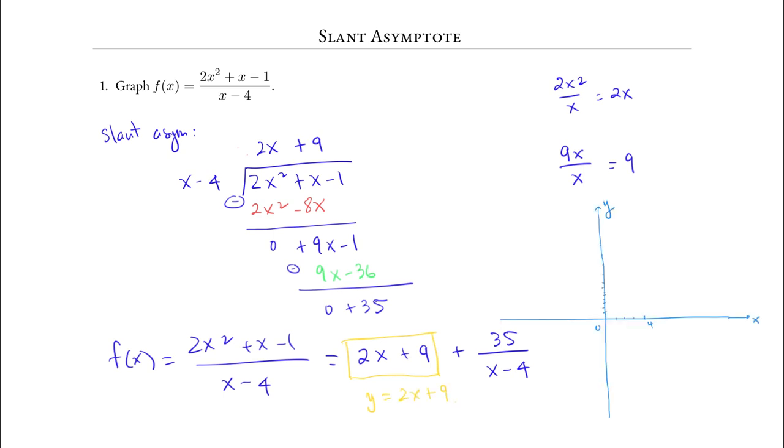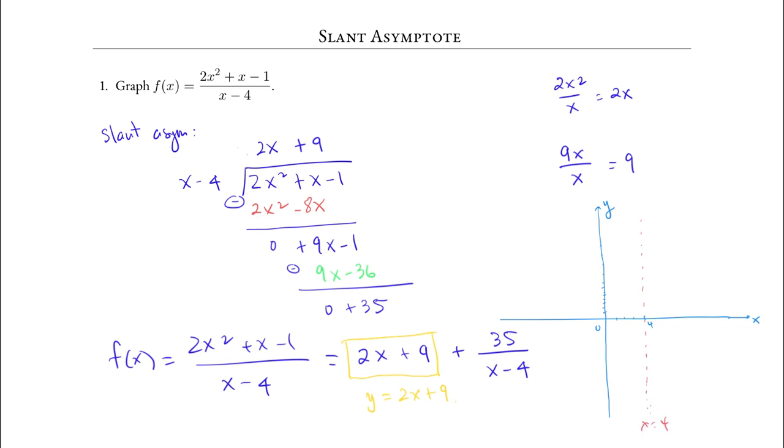To graph the function, we set up the coordinate plane. We see that we have the remainder part 35 over x minus 4, so there will be a vertical asymptote at x equals 4. This is the vertical line that goes through x equals 4.